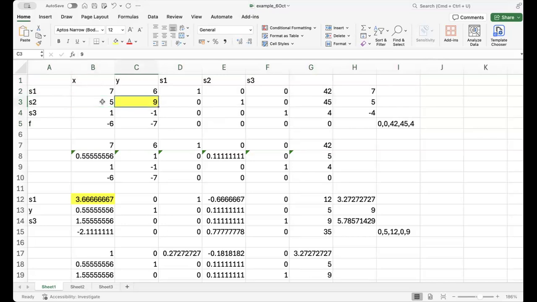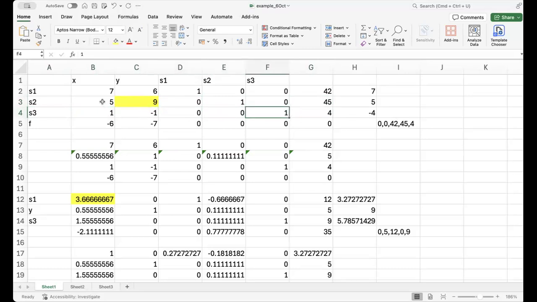Because we add S2 to this inequality, of course no S1, then it should be 0, and 1 here because we add S2. And for S3, it's 0, and the right-hand side is 45, okay? For the third equality constraint, the coefficients are 1 and -1, right?